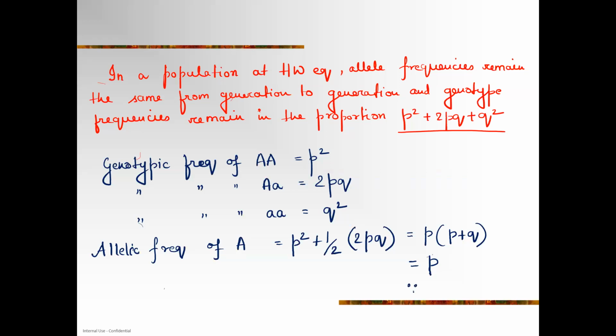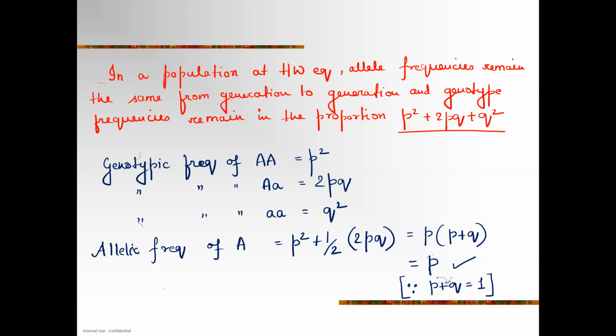Because we know according to Hardy-Weinberg equilibrium, p plus q is equal to 1. If you substitute the value of p plus q here, you are going to get p. Right? So allelic frequency of capital A becomes p.